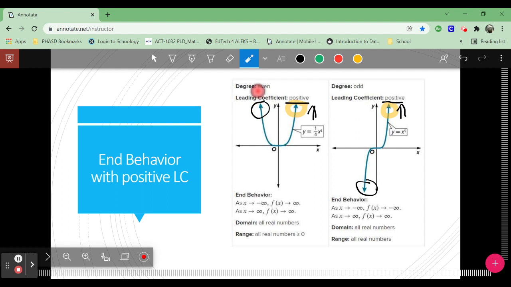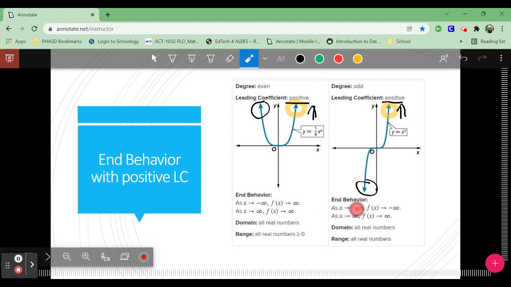As it goes left, it goes up. Y approaches positives. The higher it goes, those are the positive numbers, and so that's going up. As it goes right, it's also going up, and so this is just a fancy way to write that. As x approaches positive infinity, y, or f of x, is approaching positive infinity, or going up.